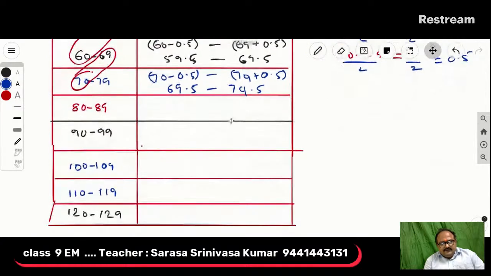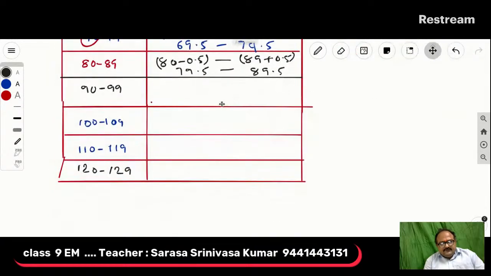The next class interval is 80 to 89. So we should write 80 minus 0.5 to 89 plus 0.5. So we can write this as 79.5 to 89.5.